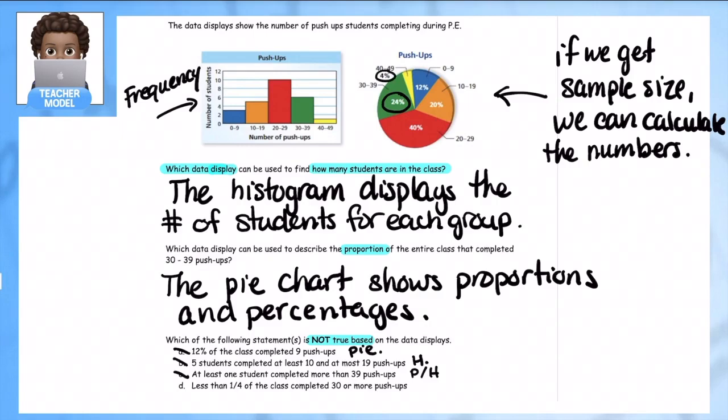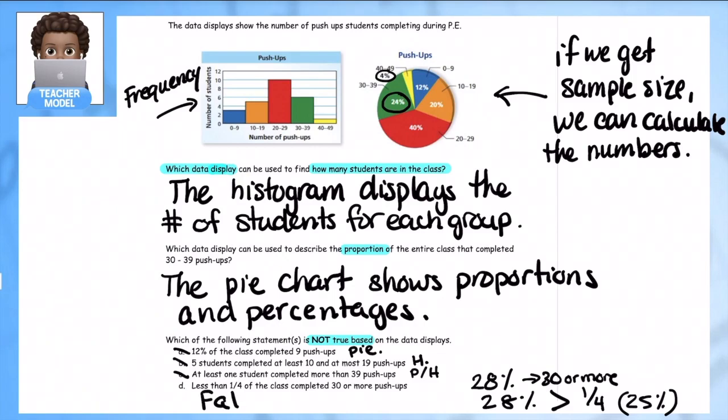So wow, 28% completed 30 or more. And we know that 28% is greater than 1/4. How do I know that? Well, think about it. 1/4, if you turn that into a percent, would be 25%. So that is false. We had more than 1/4 of students.